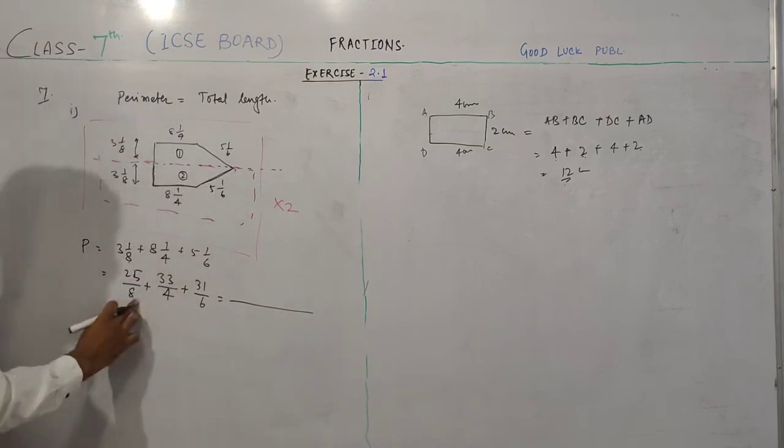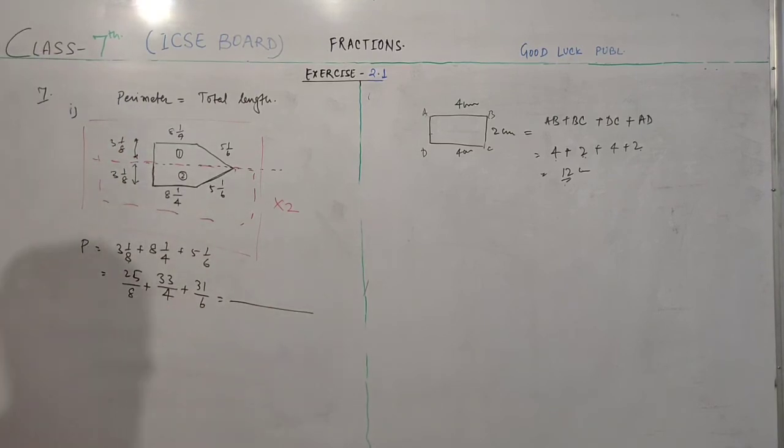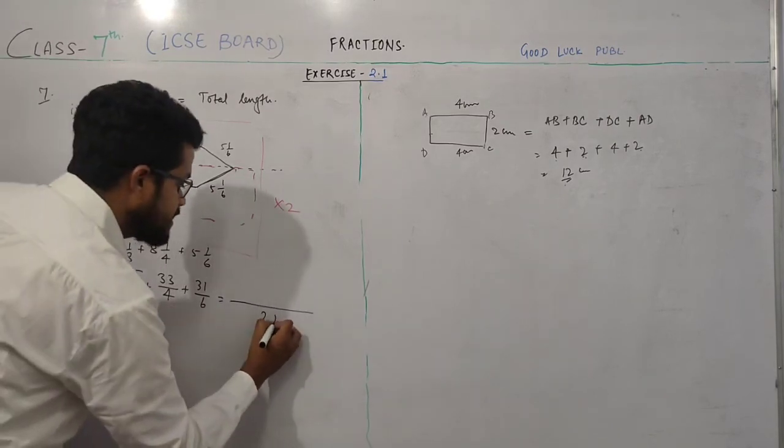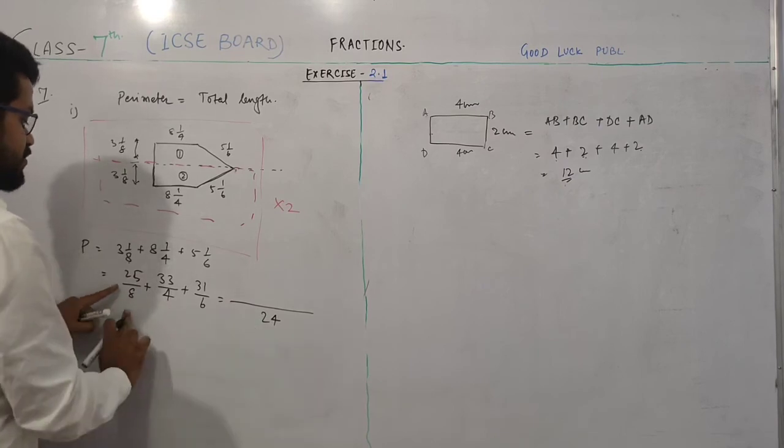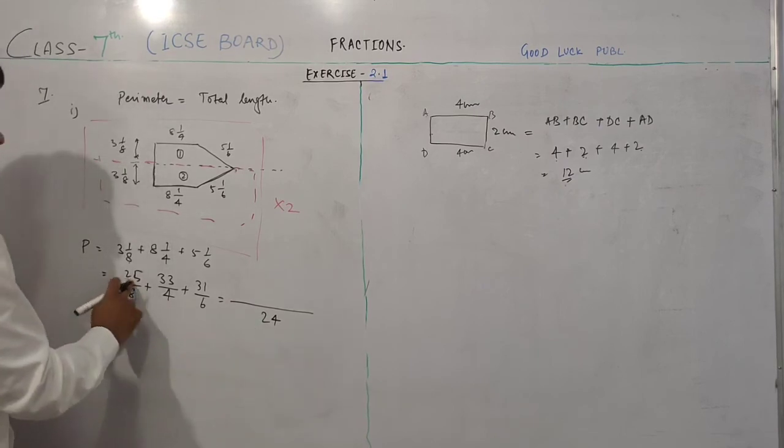Now take the LCM of 8, 4 and 6. If I take the LCM, we get 24. So 8 threes are 24, I multiply the 3 with 25.